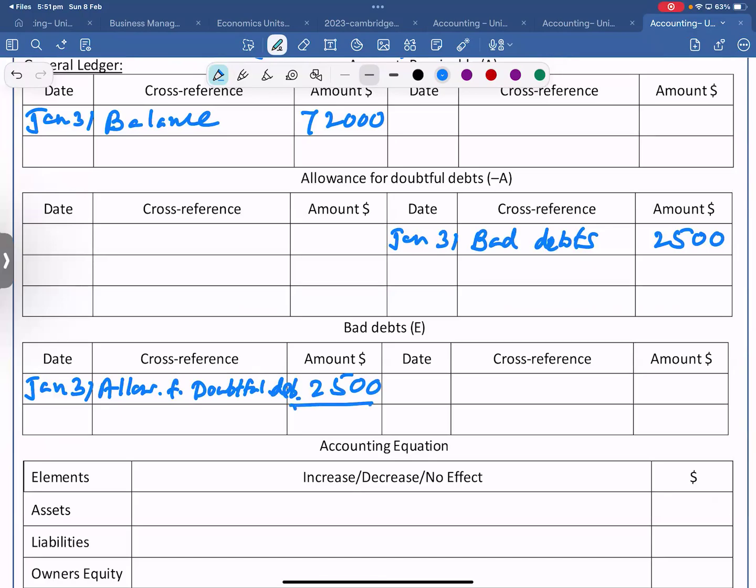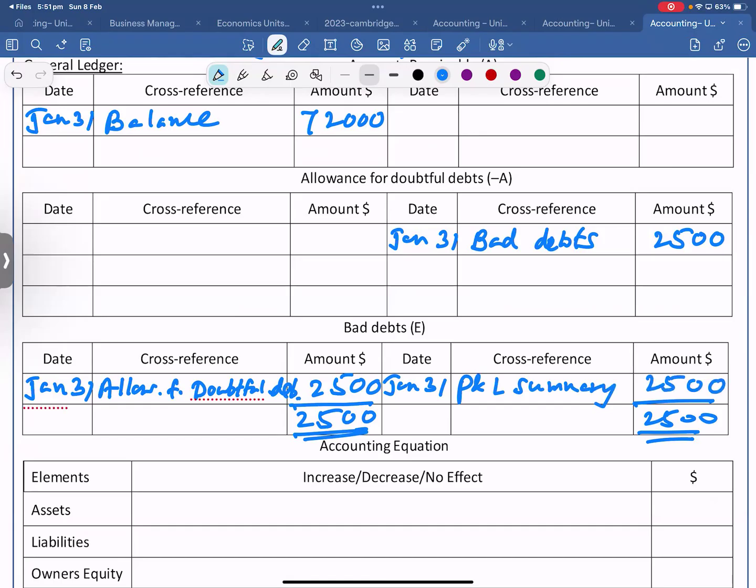Very good. So 2,500, January 31st, P&L summary, 2,500.